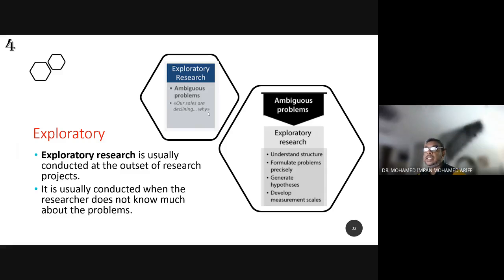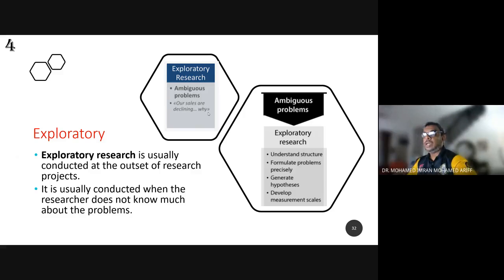We have moved to the new century, but this problem is still happening, so you want to find out why. It is an ambiguous problem. So you explore, you want to understand the structure, you formulate the problems precisely, you generate hypotheses, and you develop measurement skills. How you make a survey, how you measure it.